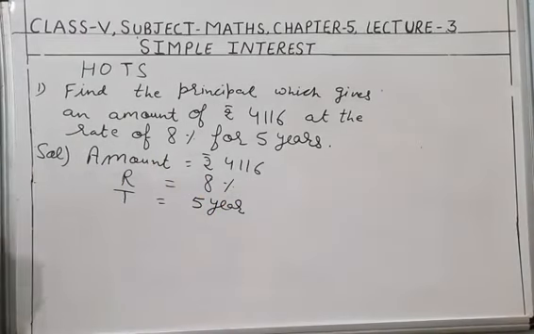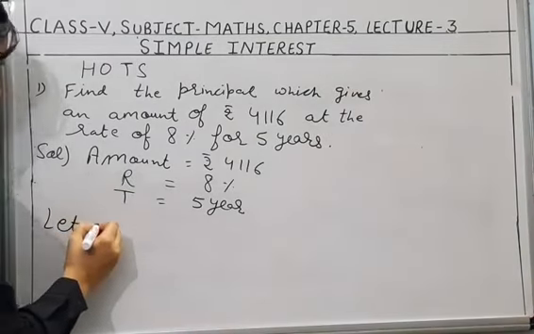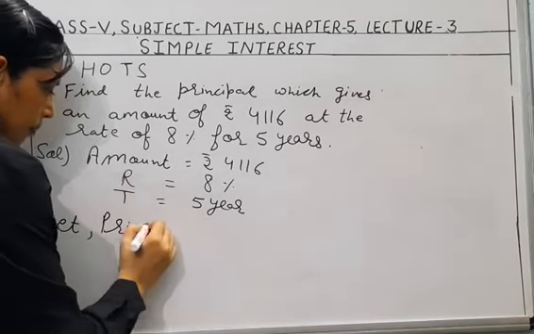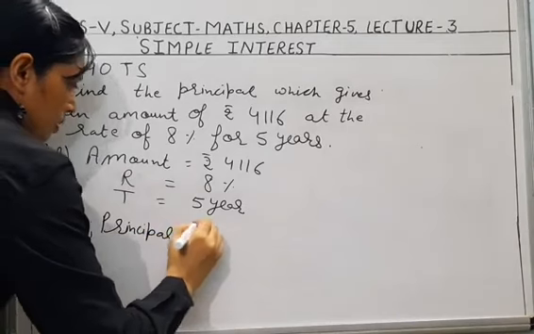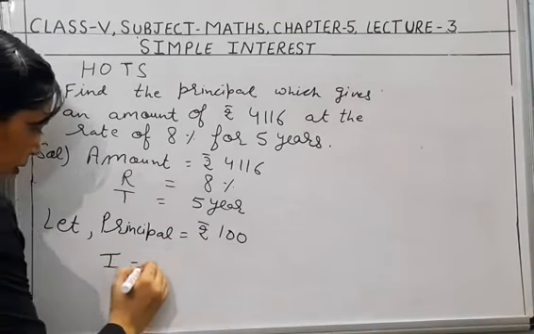We can find out principal if we have amount and interest. But here in this question, interest is also not given. So we will assume, let principal is equal to rupees 100. Let means हमने माना. Let principal is equal to rupees 100. अगर हमने principal 100 rupees लिया, then what will be interest?